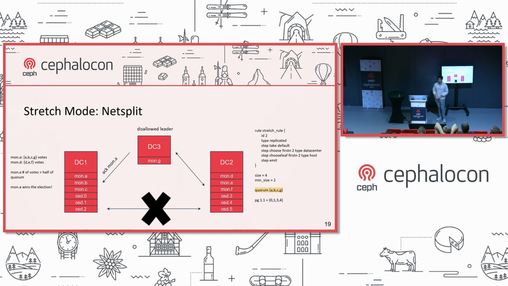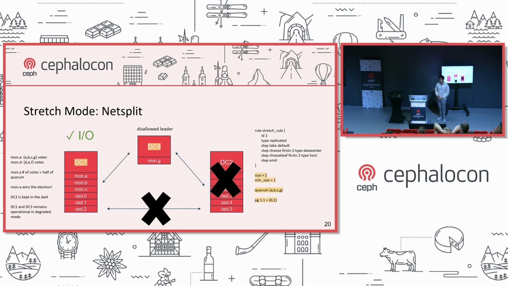And Mon G's protocol will be, OK, I will lock you first, since you're the first one. And so Mon A now has more votes than Mon D, but it also has more than half of the quorum, which means it wins the election. So we can elect a leader, and the cluster is now functional.